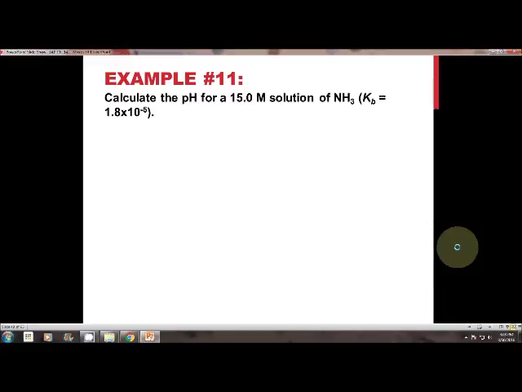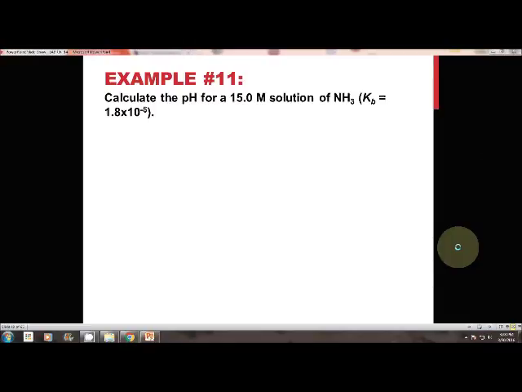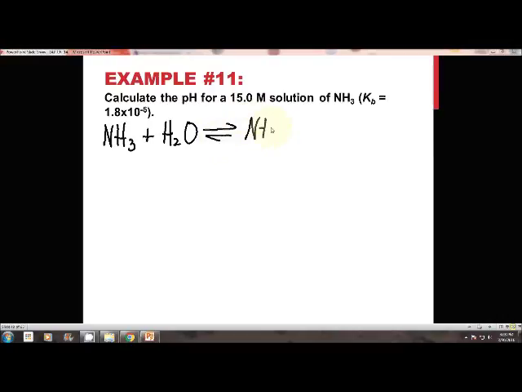Okay, so the dissociation reaction for when ammonia reacts with water will be NH3 reacts with water, and we are going to take one hydrogen from the water this time and add it to the ammonia to get our ammonium, NH4 plus, because we had an H and a positive charge. And then what's left over from the water is our hydroxide.